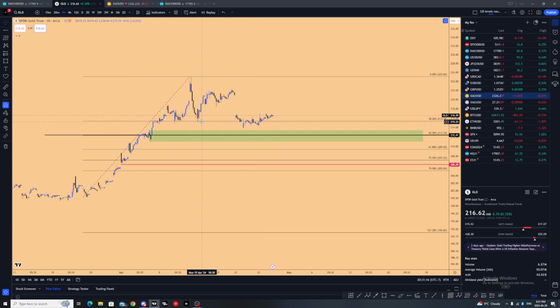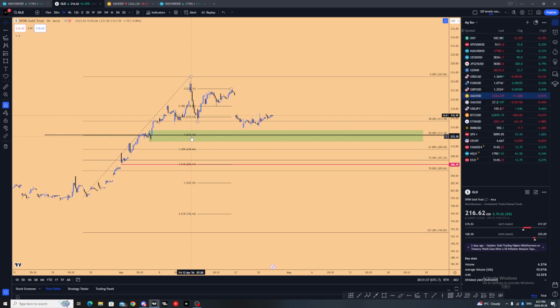I also did mention once that the 0.382 always acts as an SR level, which it did, it bounced over here. But then eventually when it's going lower, it wants to tap the 50%. And if I take a trend-based fib extension from here, the 100% is lining up with that as well.